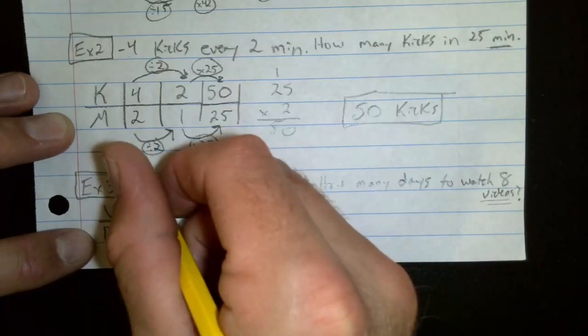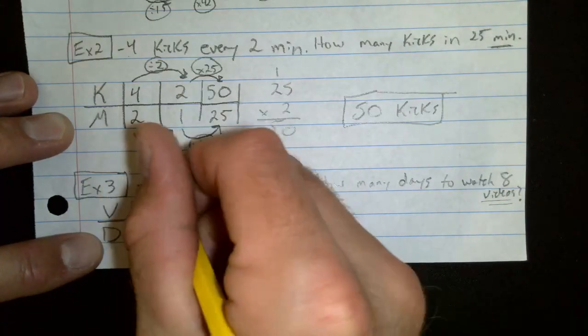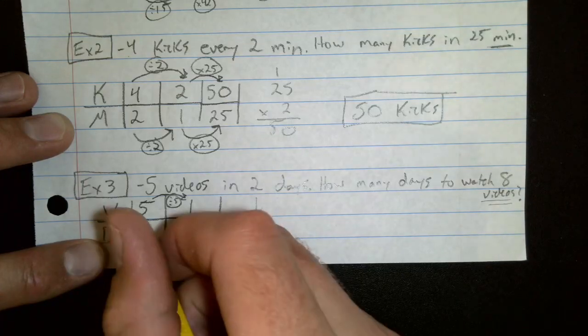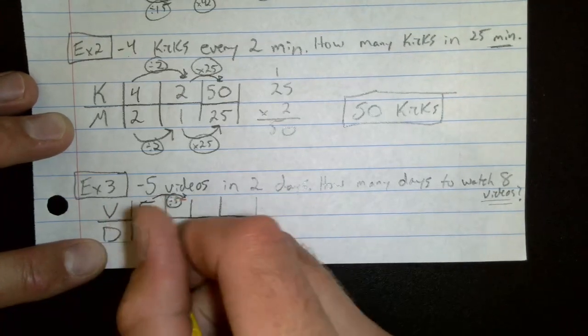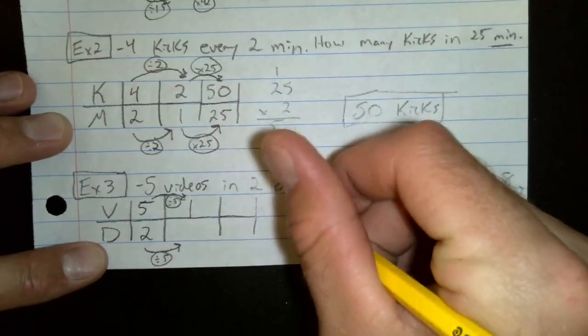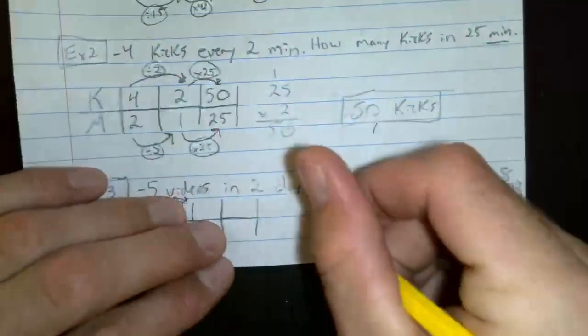And 5 divided by what will give you 1? Well, that's divided by 5. And whatever you do from the top, you must do to the bottom. And 2 divided by 5 is, well, just work it out. Make sure you have enough room to show your work down here.